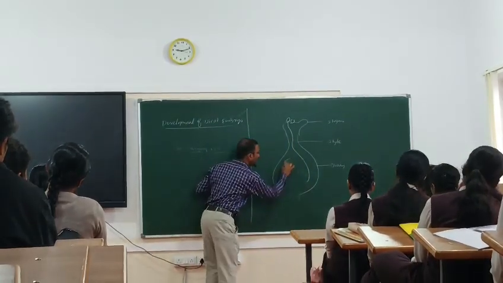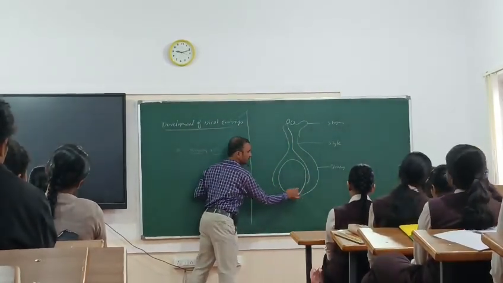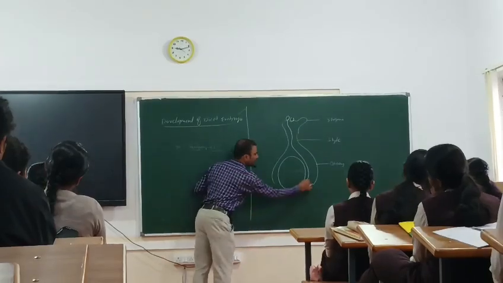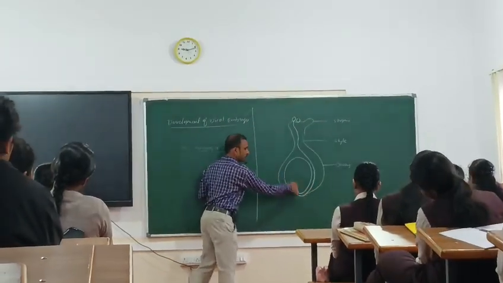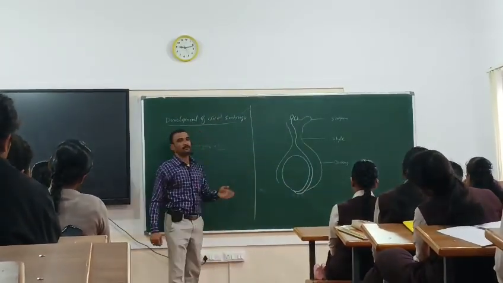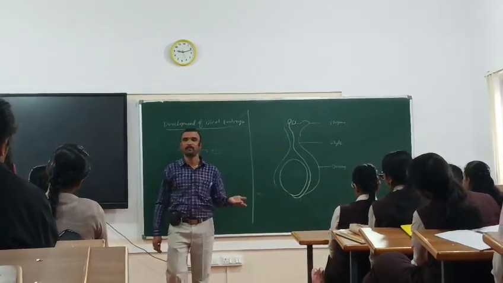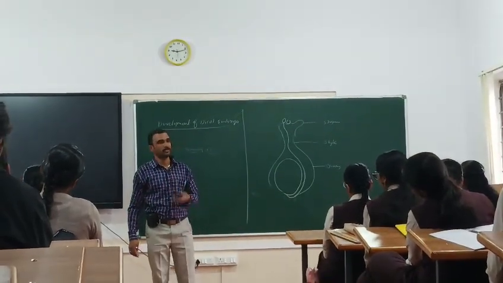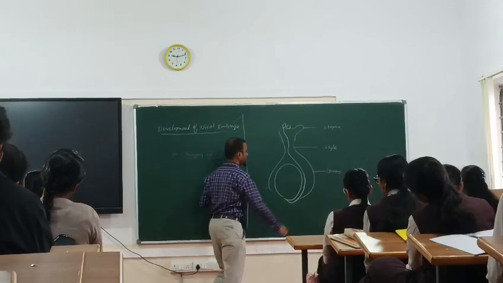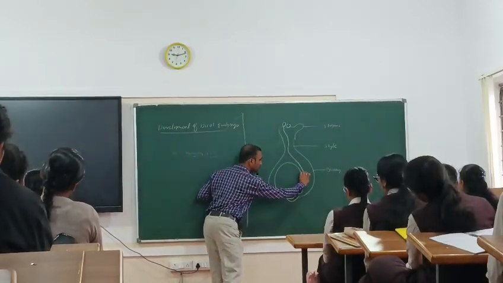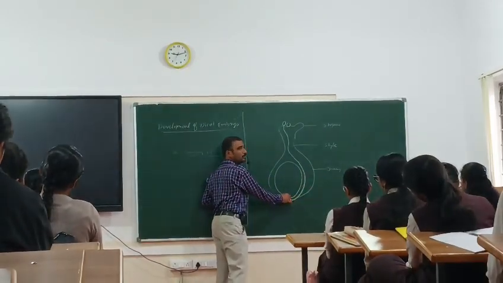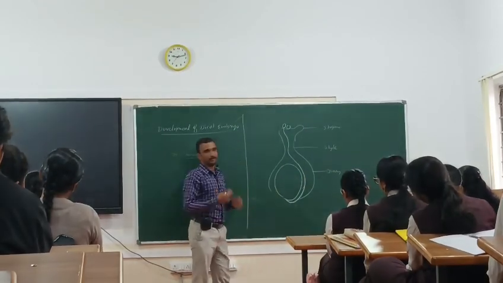Next, in the ovary, it is the ovule. The pollen tube enters in any one of the ways, like porogamy, mesogamy, chalazogamy. Whatever it is, the pollen tube reaches the ovule and enters.